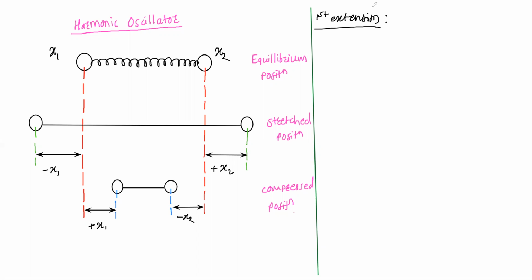So in the first extension, we can write down plus x2 minus x1. We also write down like this, x2 minus x1. This is equation number first.